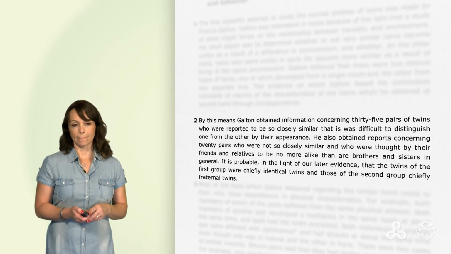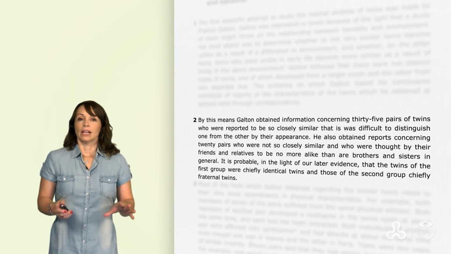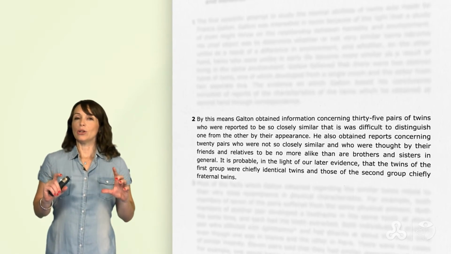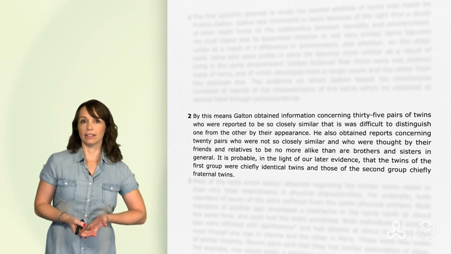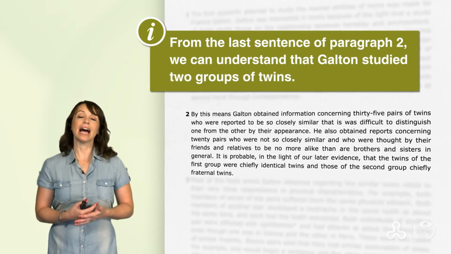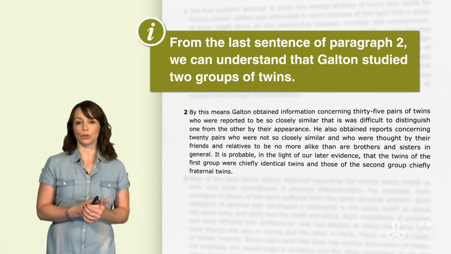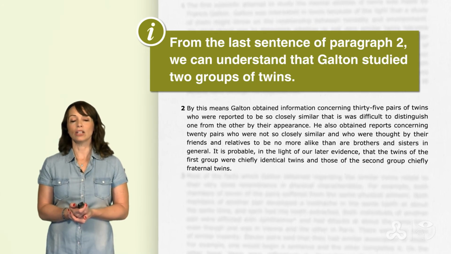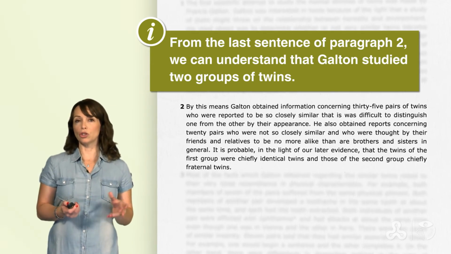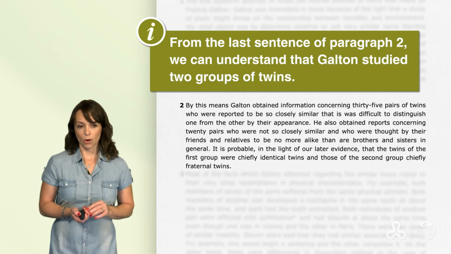Okay? Now, we're going to continue looking at the people that Galton studied. And we already know from the last sentence of paragraph 2, we can understand that Galton studied two groups of twins. הוא חקר שתי קבוצות של תאומים. Okay?